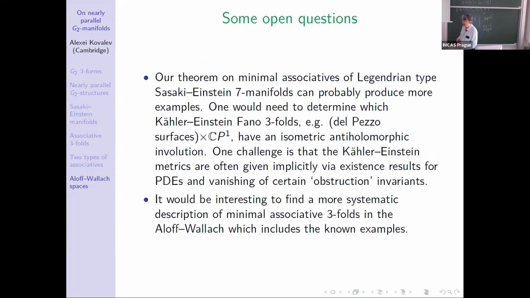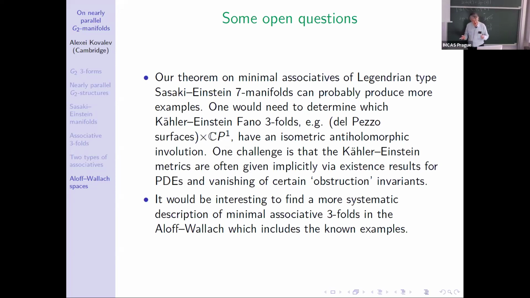We can see some types of known nearly parallel G2 manifolds, and we're able to find examples of minimal associatives, which are spheres or tori or spherical space forms, which are probably the kind of three-manifolds that naturally first come to mind. But it looks like with further work, one can produce more examples.